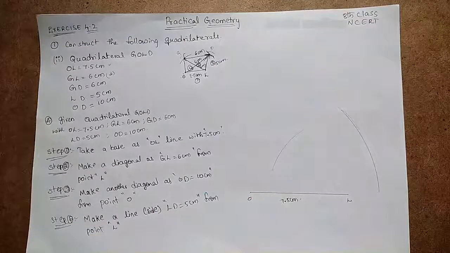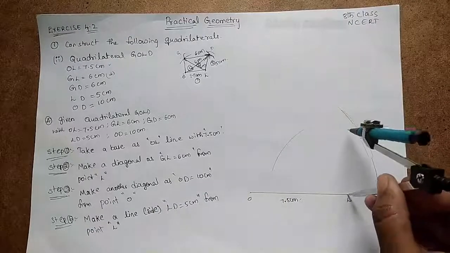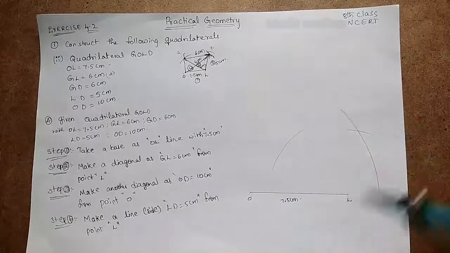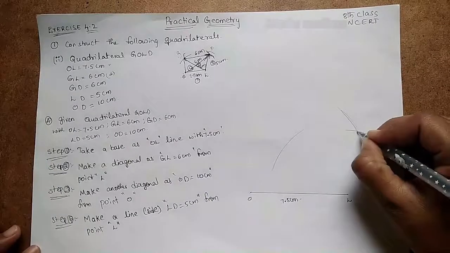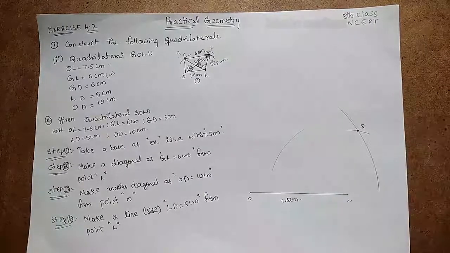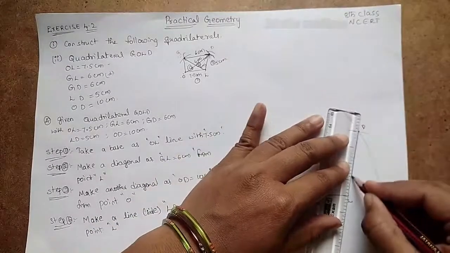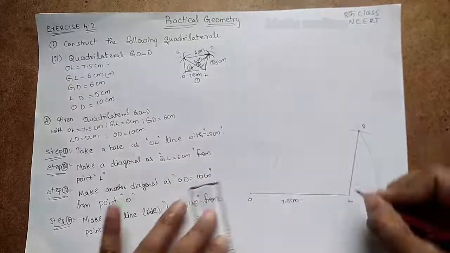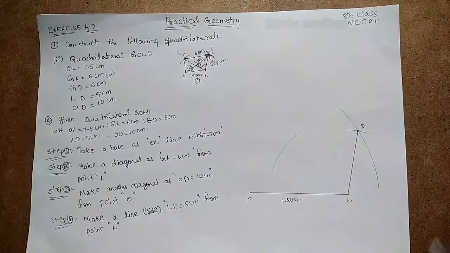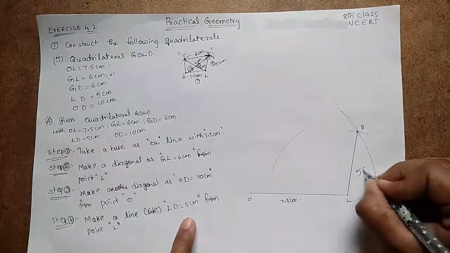So this is 5. From L make an arc. So we get a point here. So let it be point D and join the two points, D and L.